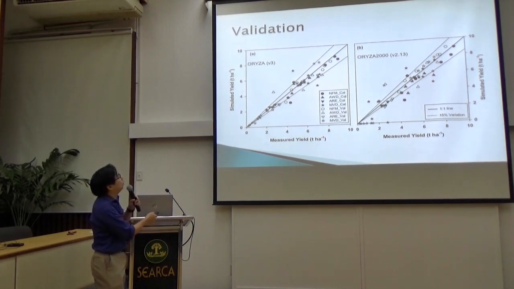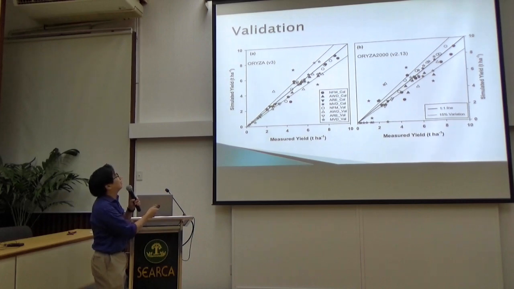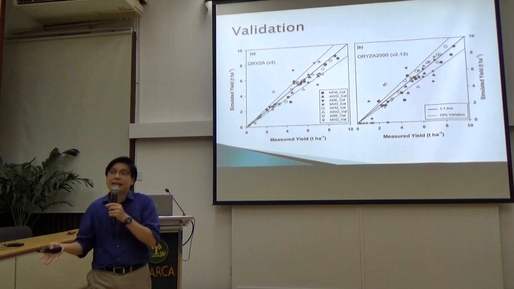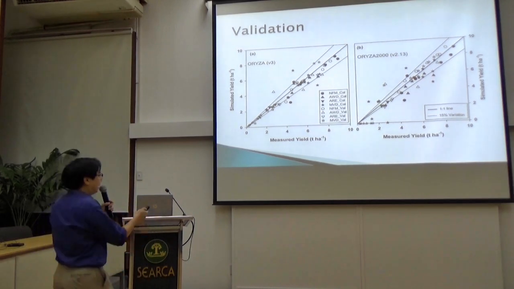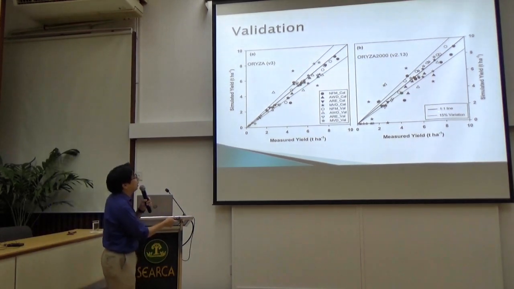So, kunyari 100% ang kanilang agreement, they will all be on the, what's this line? The 45-degree line, no? The y equals x line. Okay? And you can see that there are some variations. Kaya lang, they have 15% variation, so 15% of the value.